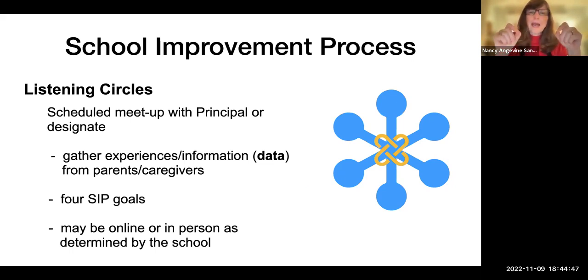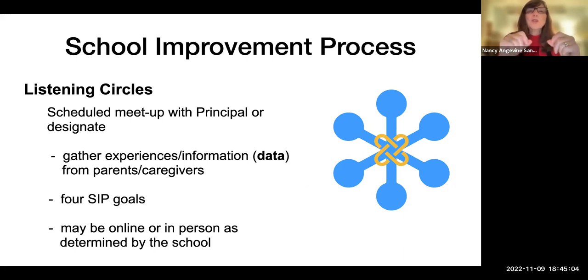You'll notice that I have here the word data written down, and I've done that specifically because your teachers and your principals in the information that they gather will be talking about data.